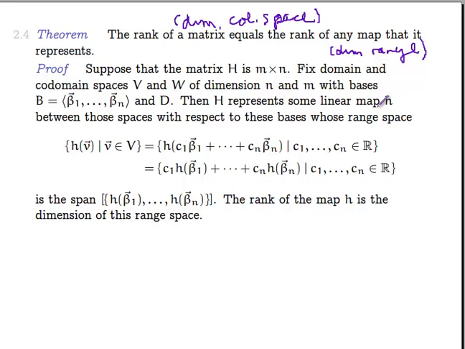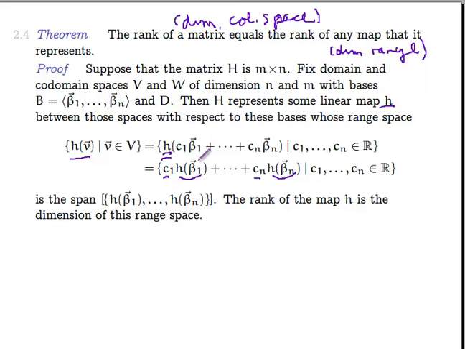Then H represents some linear map between these spaces with respect to these bases. The range space of this linear map is going to be H of all possible linear combinations of the basis vectors. By linearity of H, that's the same thing as taking all possible linear combinations of the images of the basis vectors.